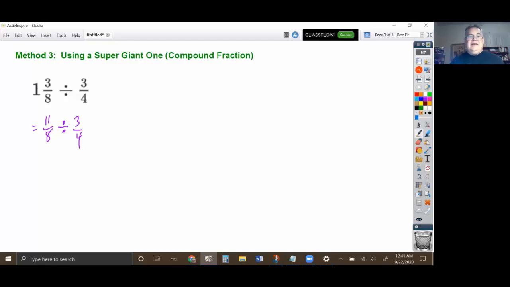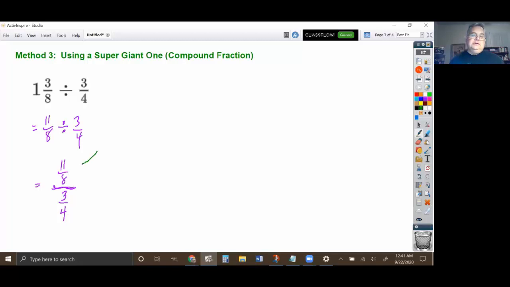Now, I'm going to write it as a compound fraction. So I'm going to take this as 11/8 over, because we know that the division sign is like the fraction sign, over 3/4. Now my goal is to multiply that ugly compound fraction by something that is a giant 1 that will let the denominator turn into a 1.